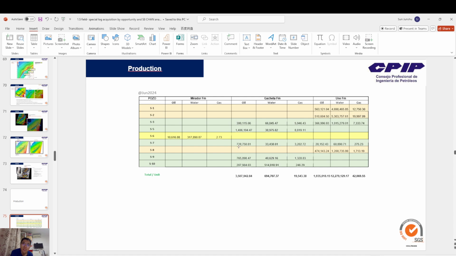S7, Gajita, 728,000 barrels. S8, Uni, 474 thousand barrels. S9 in Gajita, 765,000 barrels. S10 in Gajita, 207,000 barrels.